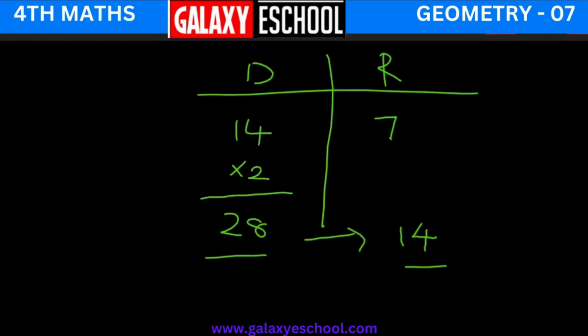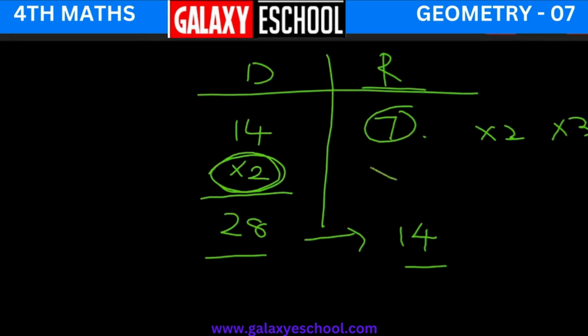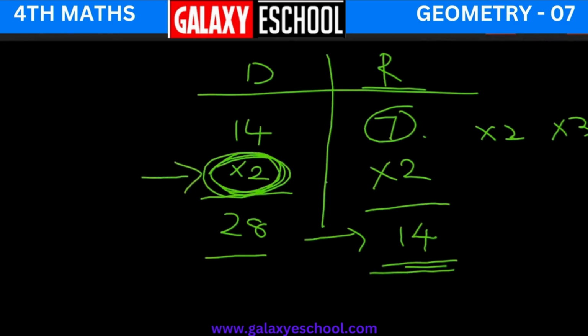Now is this the same as the previous radius, or is it doubled, or is it tripled? What happened here? When we doubled the diameter, that is when we multiplied the diameter by 2, the radius also doubled. 7 into 2 is equal to 14. When the diameter of a circle is doubled, then the radius is also doubled.